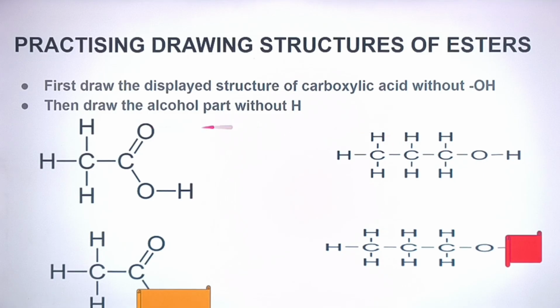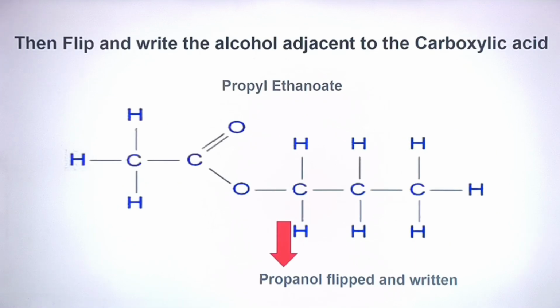So then draw the alcohol without H. So this alcohol doesn't have H here. This alcohol goes and connects to the carboxylic acid carbon. The only thing we need to do is flip and then write the alcohol adjacent to the carboxylic acid. So our carboxylic acid is this and the alcohol is flipped and the O is attached with a single bond.